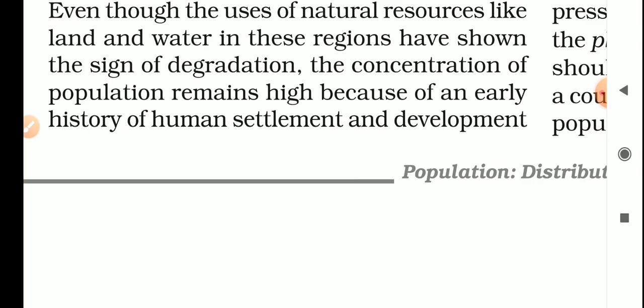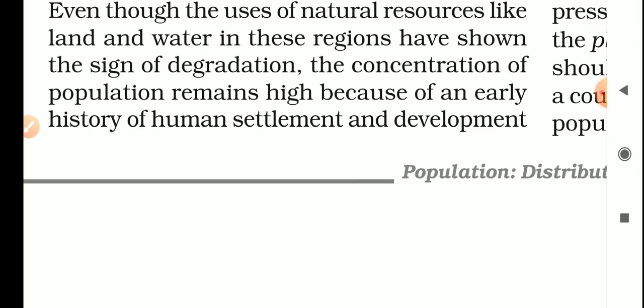What it means is that some areas were very good for settlement. For example, in the British period, Chennai and Mumbai or some other coastal areas grew as urban centers, and people started living there in large numbers.